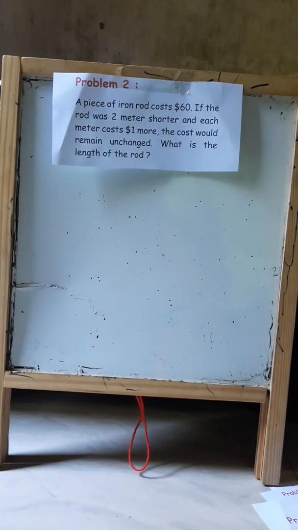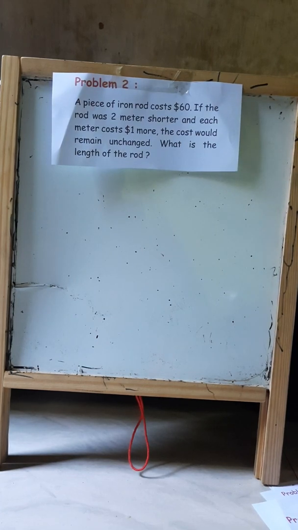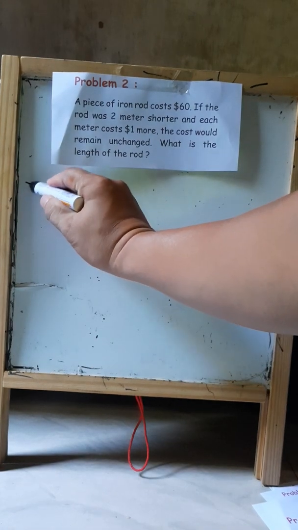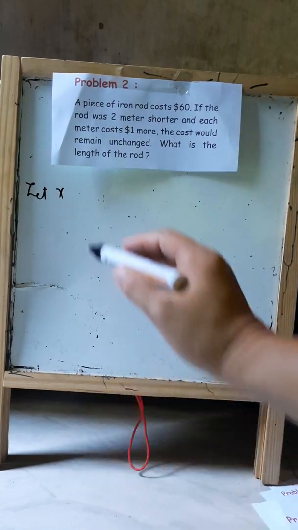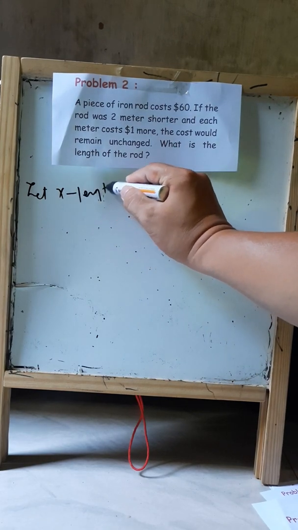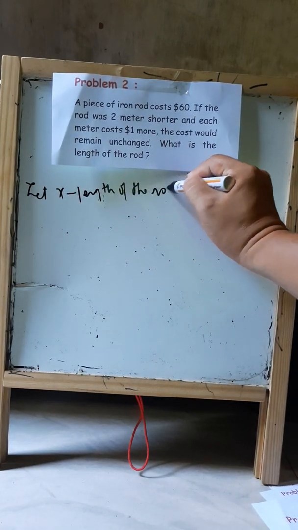For the number 2 problem, we have a piece of iron rod that costs $60. If the rod was 2 meters shorter and each meter costs $1 more, the cost would remain unchanged. What is the length of the rod? Okay, let's first represent x as the length of the given rod.